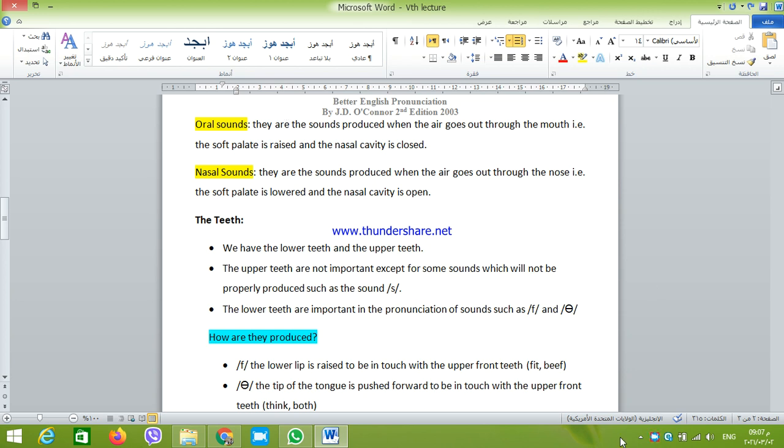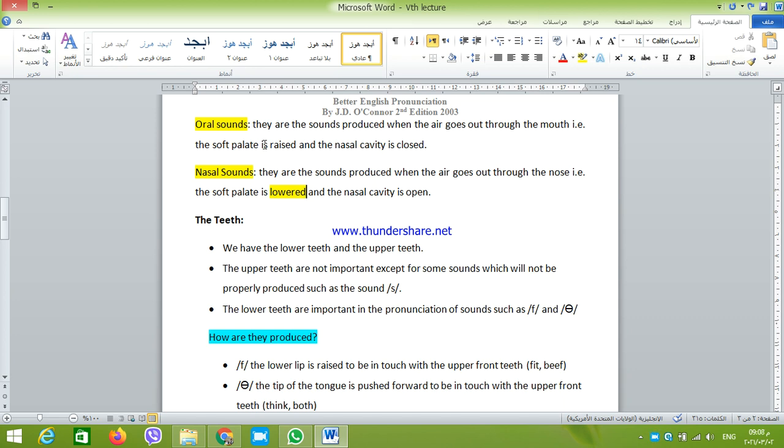The nasal sounds, on the other hand, are the sounds produced when the air goes out through the nose, which means that the soft palate is lowered, while in oral sounds, the soft palate is raised.